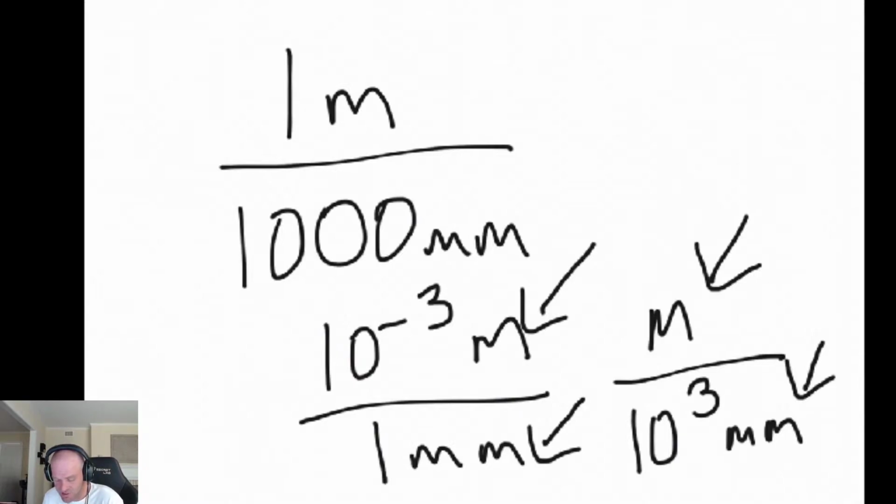Notice that 10 to the negative 3 is less than 1, but a meter is bigger than a millimeter. 1 is less than 10 to the power 3, but a meter is bigger than a millimeter. So that's the relationship when you're doing the different powers.